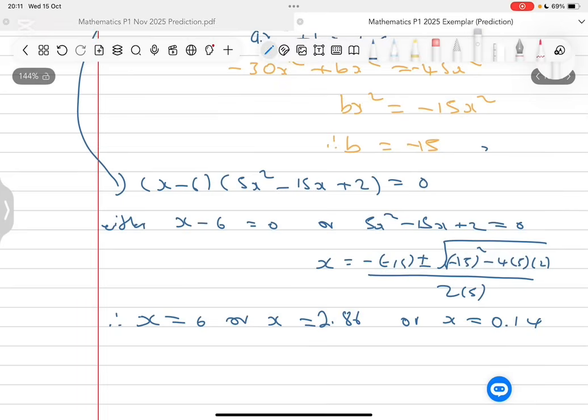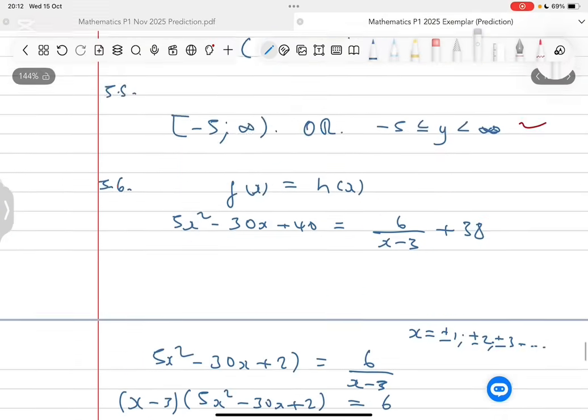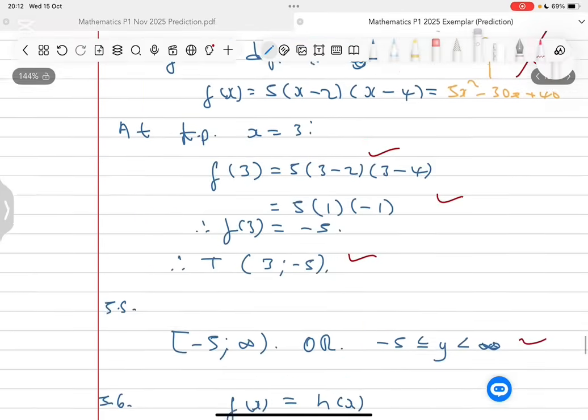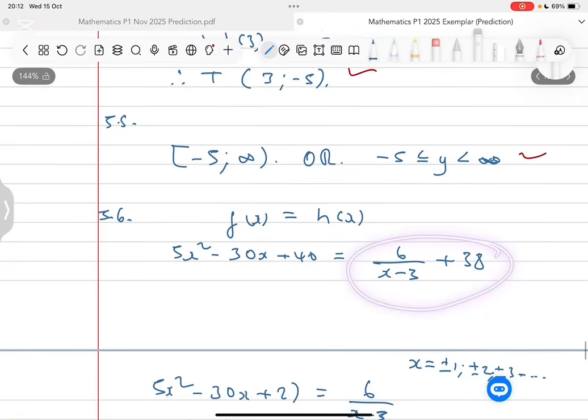Now to find the corresponding y values, I'm going to take these numbers and substitute them into either the equation of the parabola or the equation of the hyperbola, whichever becomes easy for you. So I'll take the 2.86 and put it here, or put it on the hyperbola, which we said is defined by this.